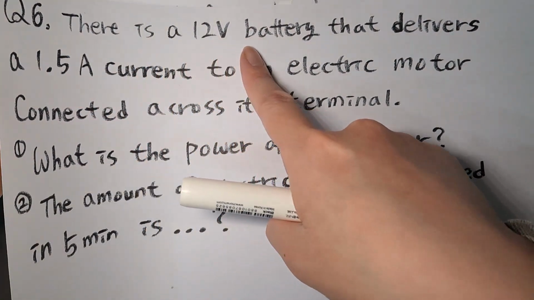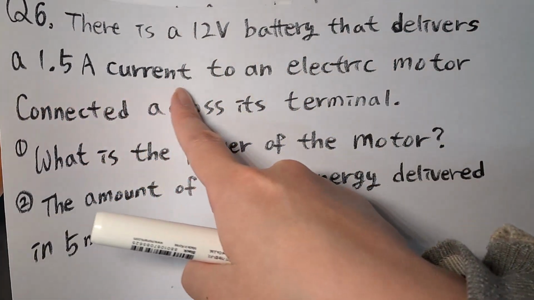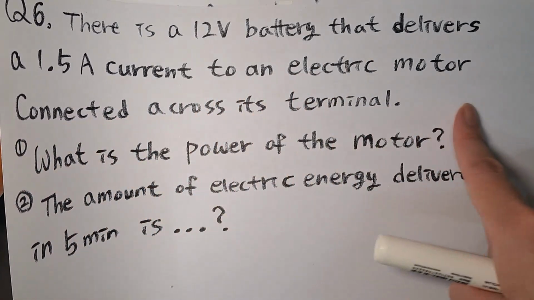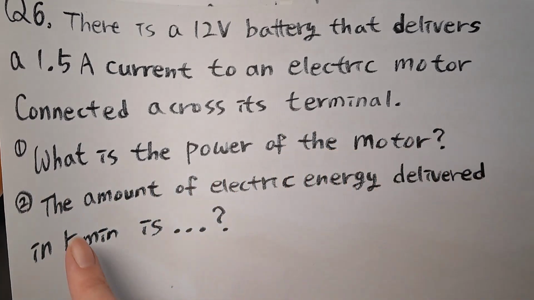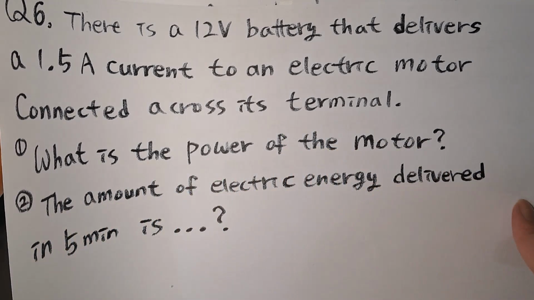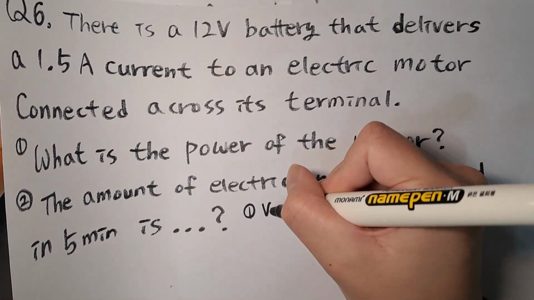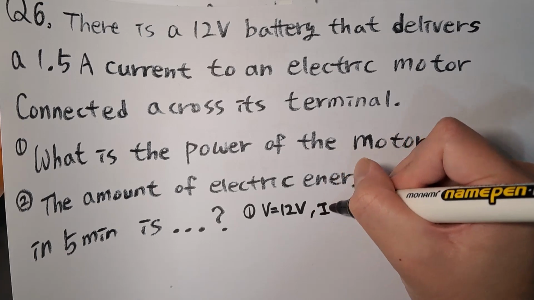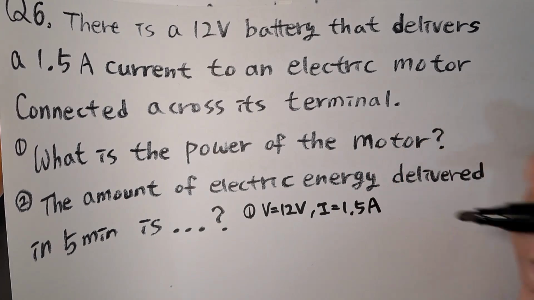There's a 12-volt battery that delivers a 1.5 ampere current to an electric motor connected across its terminal. What's the power of the motor? The amount of electric energy delivered in 5 minutes is... So the voltage is going to be 12 volt and the current is going to be 1.5 ampere.